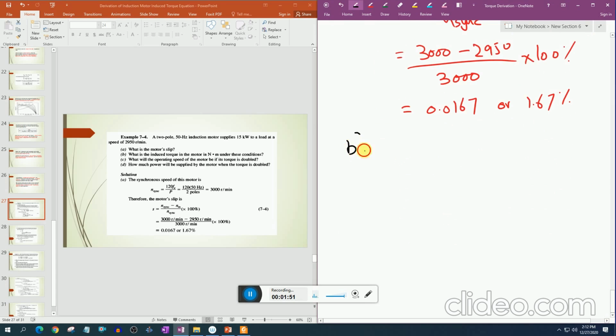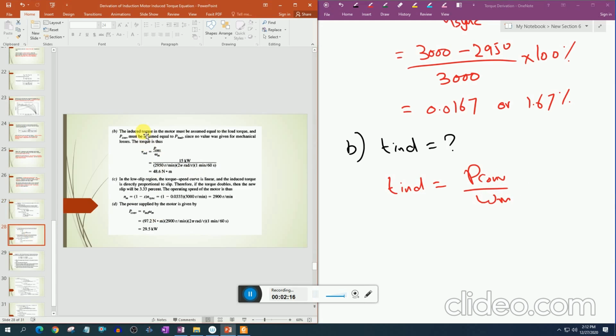Part B is what is the induced torque in the motor. The torque induced formula we already know: torque induced is equal to P converted over omega m, or P air gap over omega synchronous. Here air gap power is not given, so we will use P converted. However, P converted is also not given, but P out is given, P load is given, and we can consider P converted equal to P load because there are no friction and windage losses, and stray losses are not given.